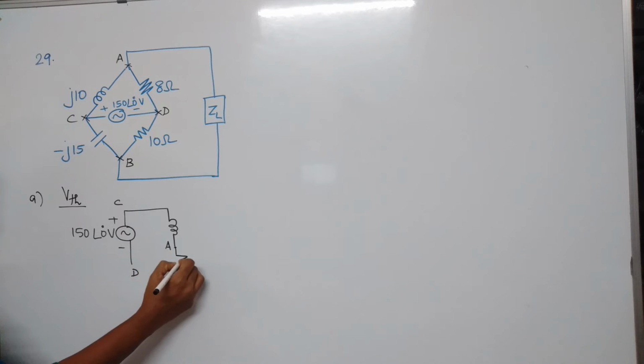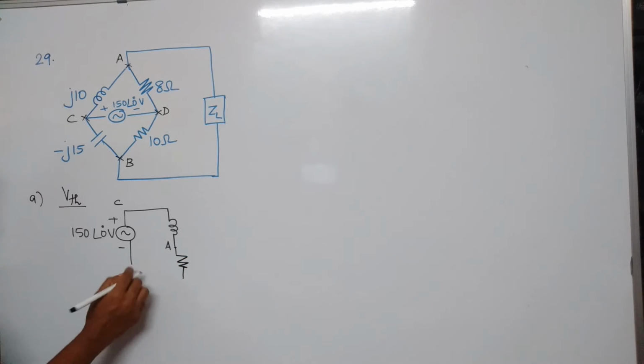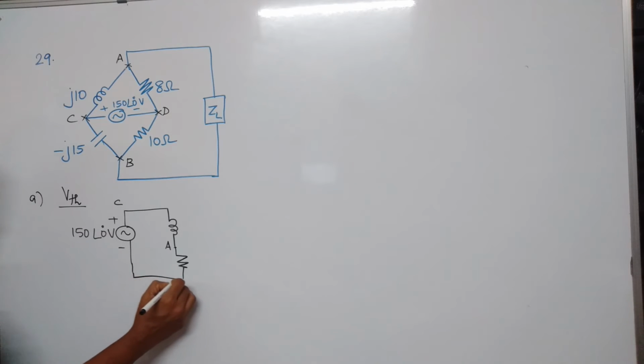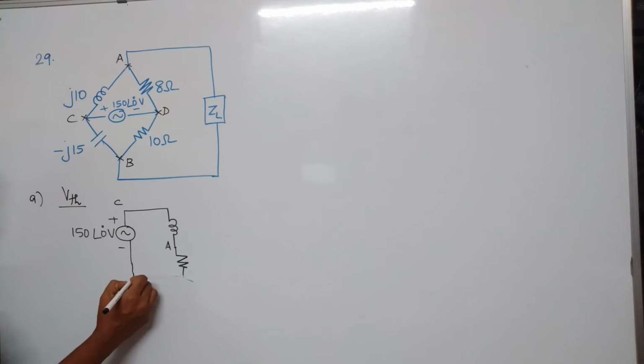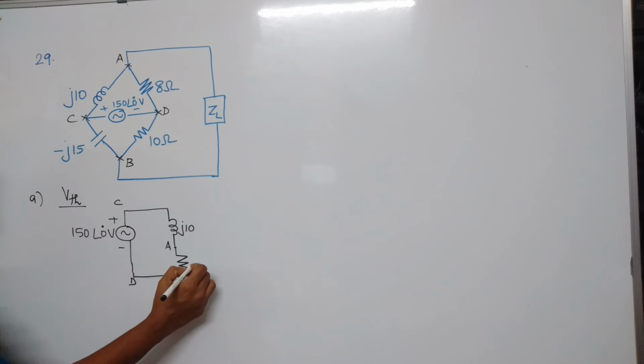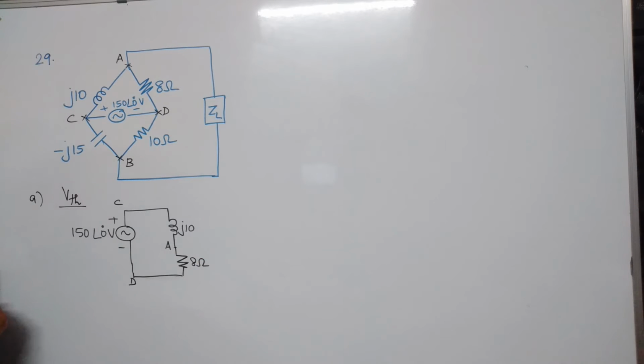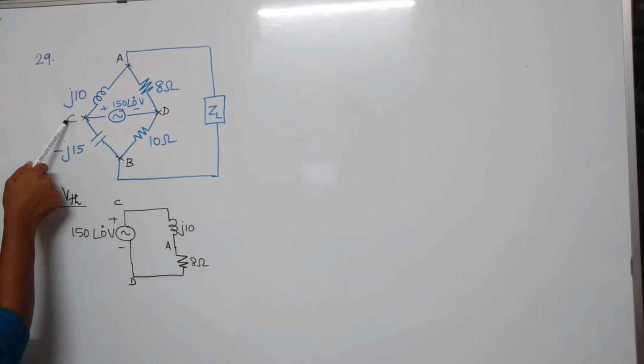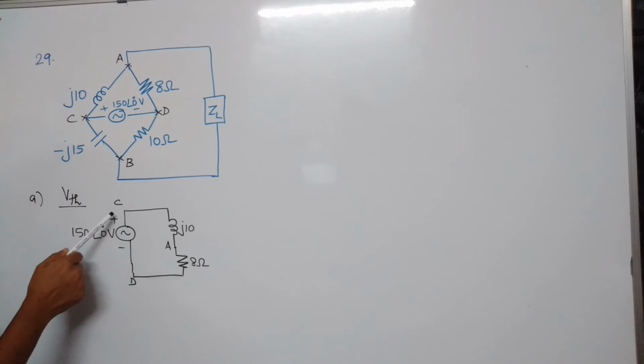So this is J10 and this is 8 ohm. Similarly, minus J15 is between C and B. C is here.